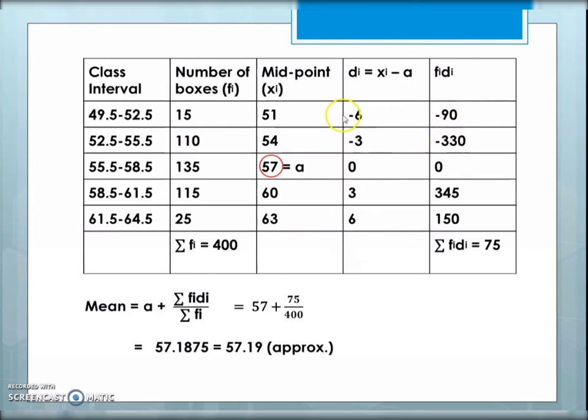Then fi di, multiplying this di with the given frequency here, I get fi di values. Then summation of fi di is 75, and substituting in the formula, that is A plus sigma fi di by sigma fi, I will get 57 plus 75 by 400, which is approximately 57.19.